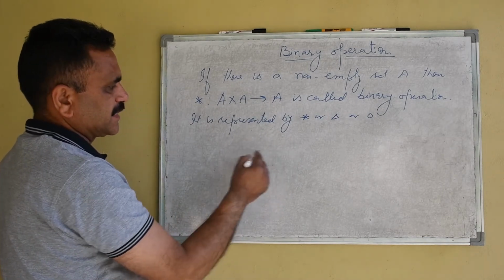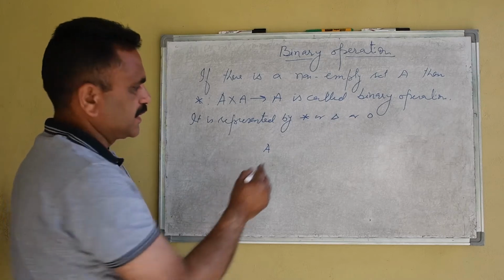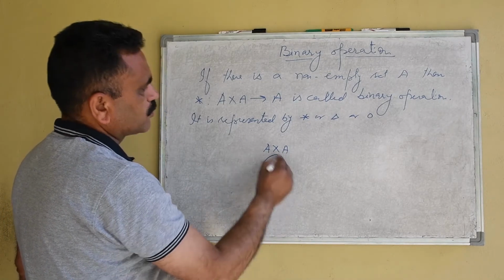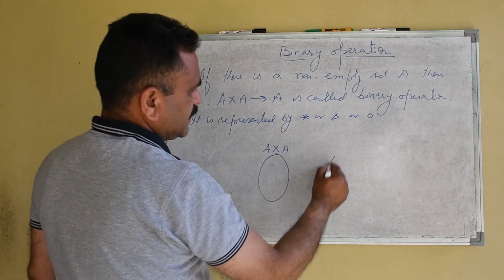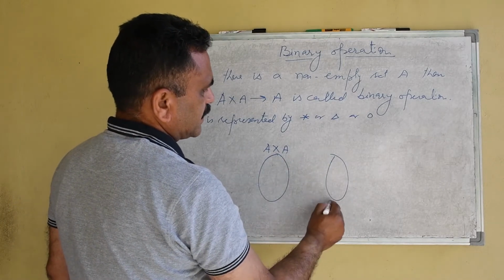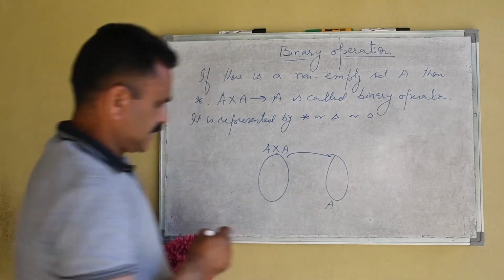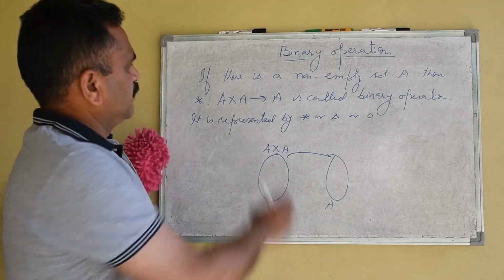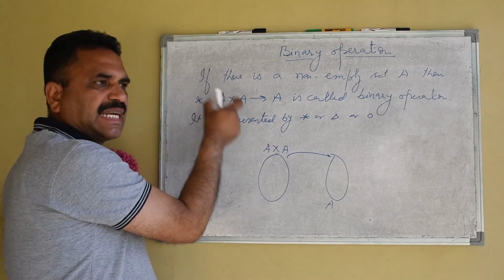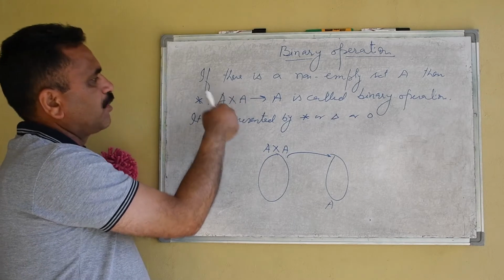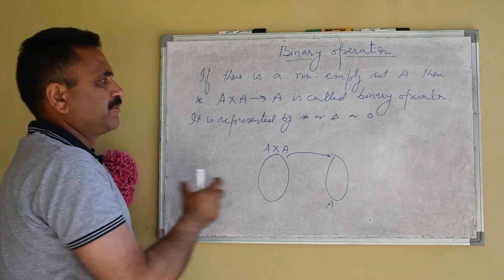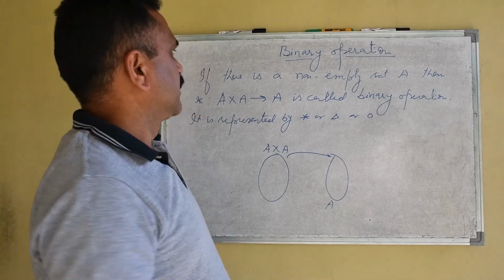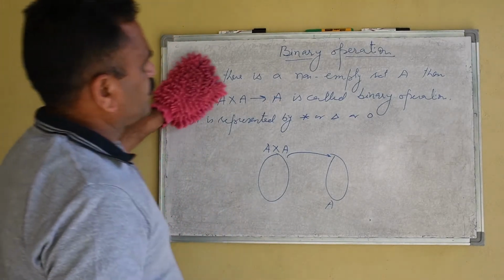Suppose we have a non-empty set A, then the Cartesian product of that set will also be a set. It is associated with set A. This is known as binary operation. So when we connect the elements of the Cartesian product of any set with itself to set A, then it is called a binary operation. Now, properties of this binary operation.